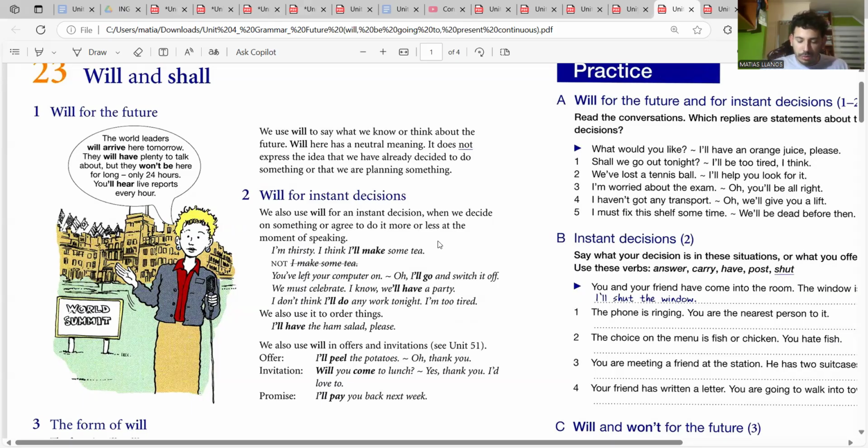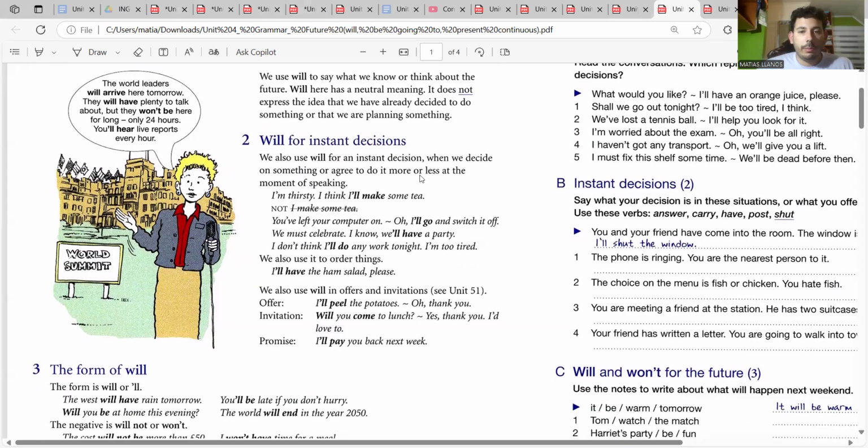It's not used to talk about anything other than the future, but you use it about deciding something or agreeing to do something, more or less at the moment that you're speaking.